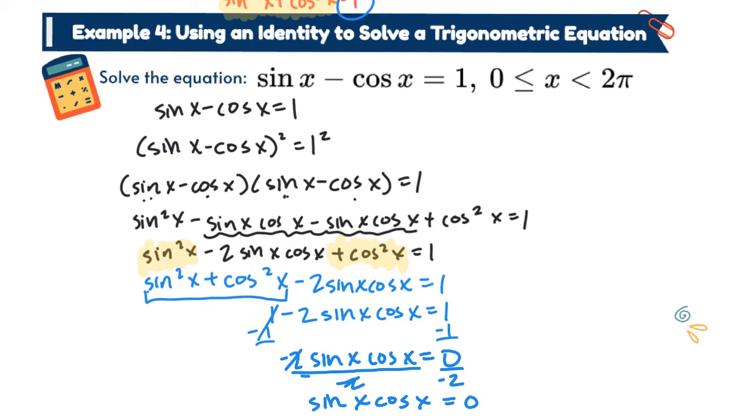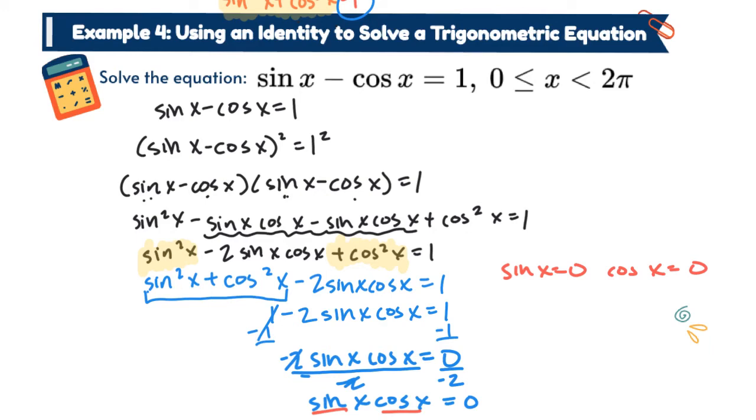And I really can't do anything else to this at this point. I can't get cosine x and sine x separate, but since I have them isolated this far down, I can just separate them and set them equal to 0. So I can say sine x equals 0 and cosine x equals 0 because they're both factors.